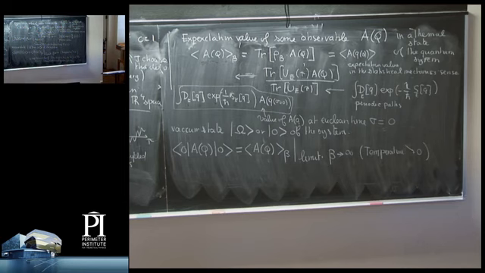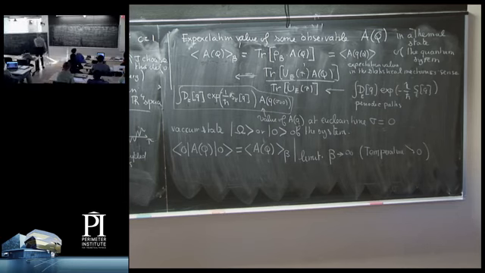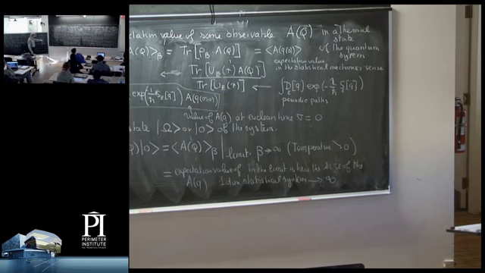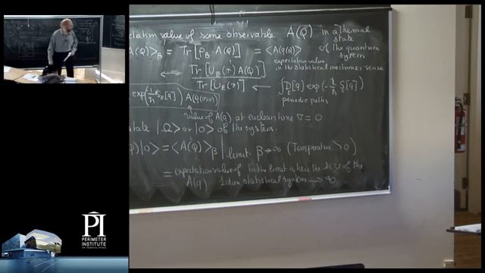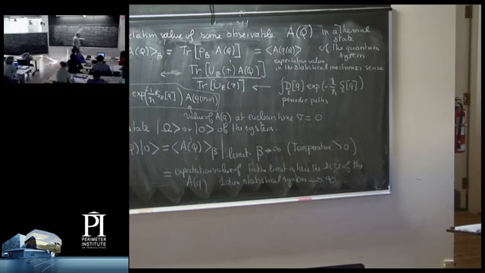You see? Because you always have this relation, beta equal 1 over T, so T goes to 0 means beta goes to infinity, but beta is proportional to the size of the system, so the periodicity of these physical systems. Okay? So, projecting on the vacuum, if you want, is equivalent to taking what is called the thermodynamic limit for this statistical system.